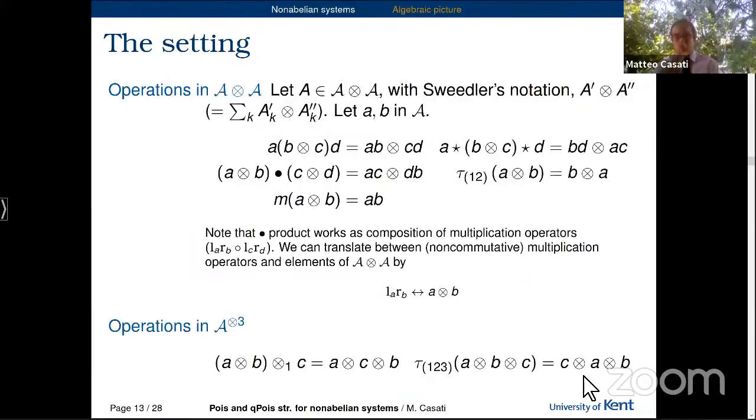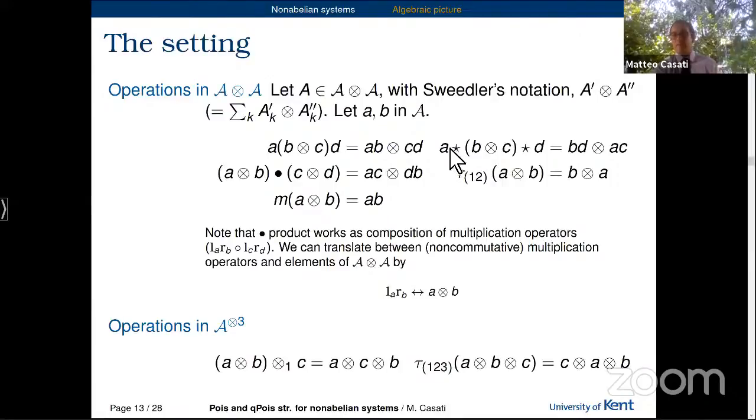Then, this is a nasty slide where I have to define a lot of weird operations on A tensor A and the triple tensor of A, just to fix the notation. That means that on this A tensor A, which is the space where I land when I take derivatives, I have a structure of inner and outer bimodule by the normal product on A with this ordering, and this other one, which switches the ordering of your product.